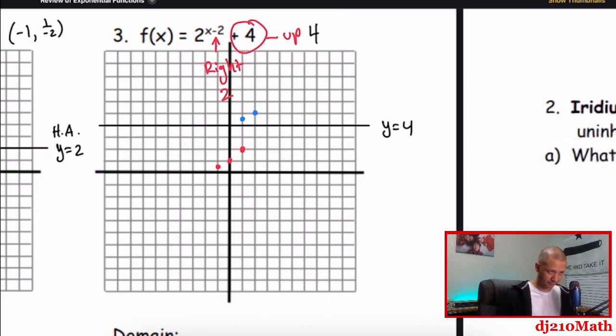Second dot, critical point, technically. Okay.